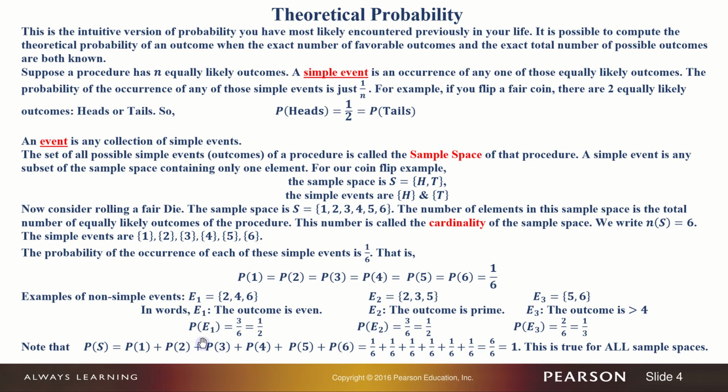And the probability of the event is just going to be basically the number of simple events in the event, which is going to be 3 simple events, divided by the total number of simple events, which as we know is 6, right? And of course, if we reduce it, we get 1/2. Now, sometimes, we can represent that as a proportion.